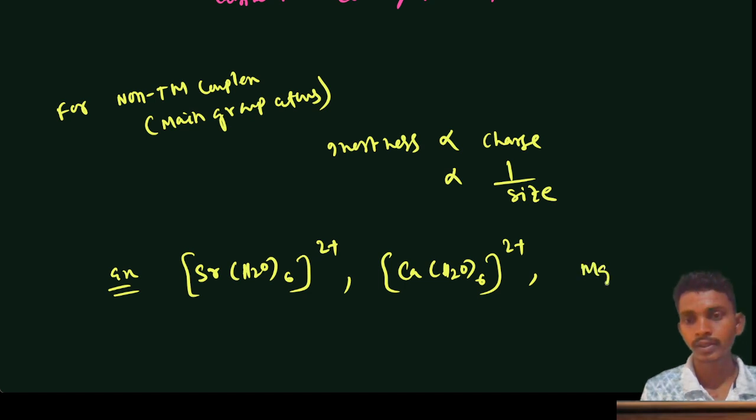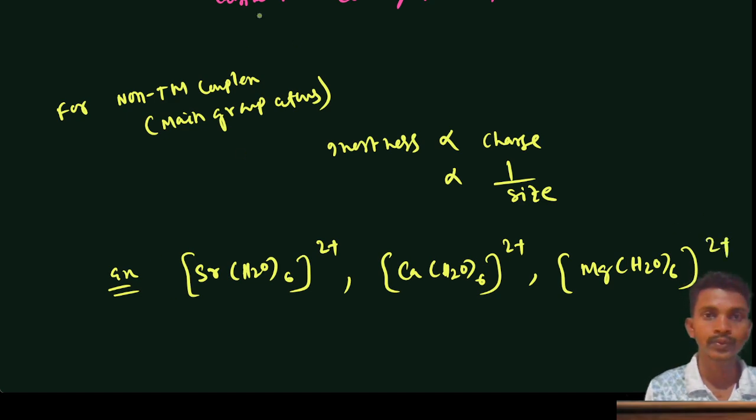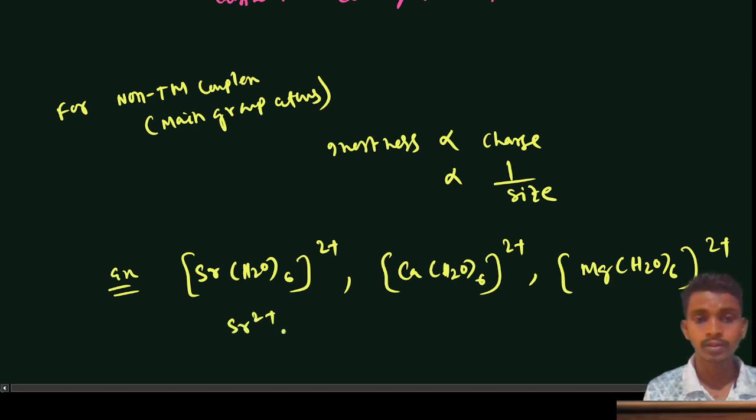Another is Mg 2 plus. In this case we see that this is a water rich neutral compound, so this is sodium plus, this is calcium 2 plus, and this is Mg 2 plus.